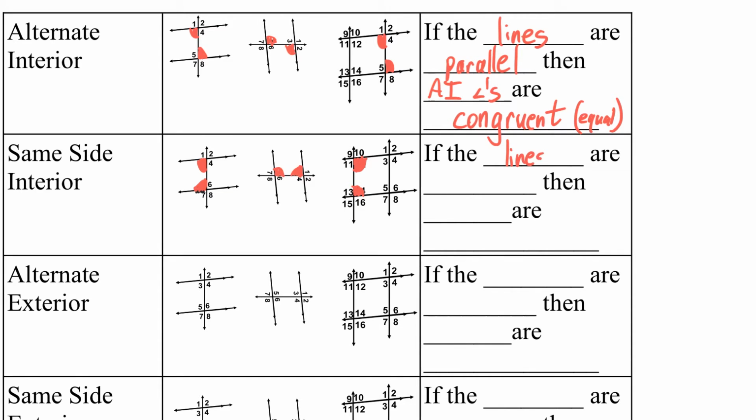Okay, if the lines are parallel, then same side interior angles, okay, look back to what we just said on the paper where we just measured. Same side interior angles, if the lines are parallel, what did we see about those? 180. They add up to 180. What's the word we use for that? Supplementary. They're supplementary.